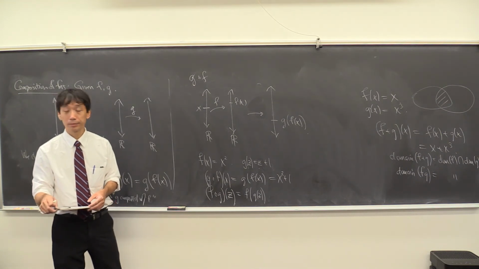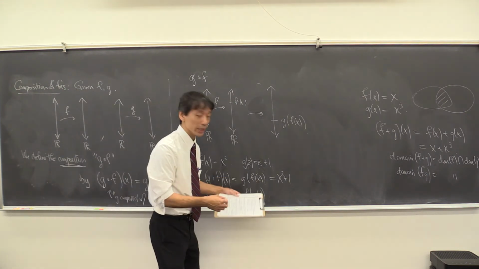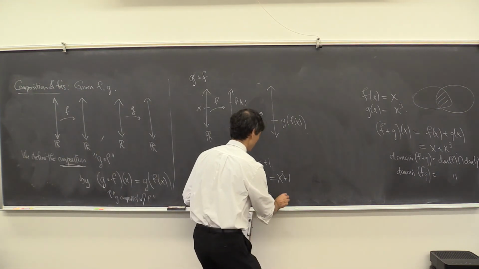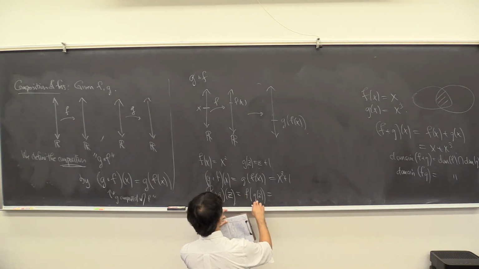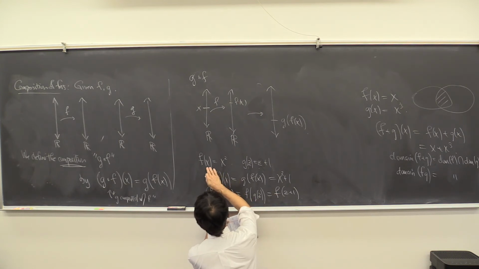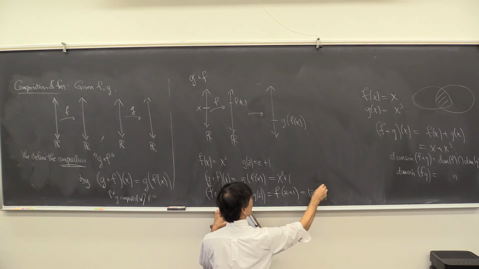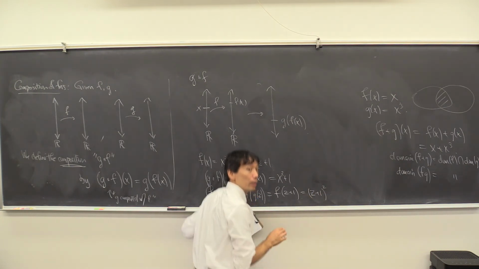Would be z plus 1 squared. Yes, z plus 1 quantity squared. So we get f of g of z. g of z is z plus 1. So that'd be f of z plus 1. f takes something and then returns the square of that. So we're going to take whatever we're given and return the square of that.